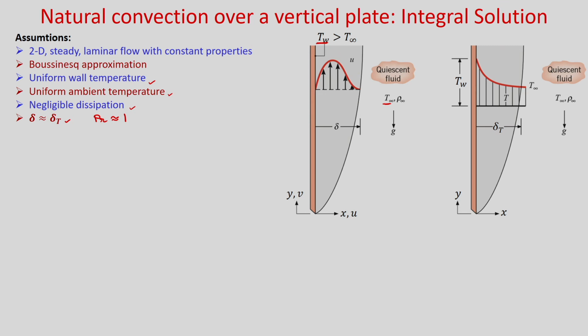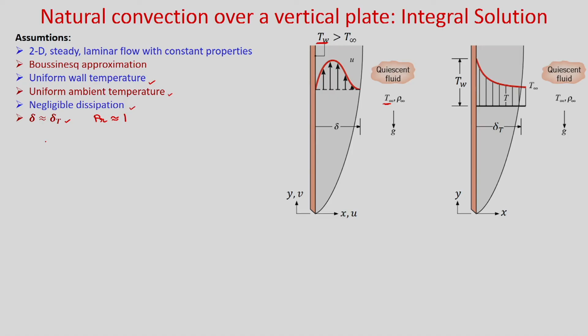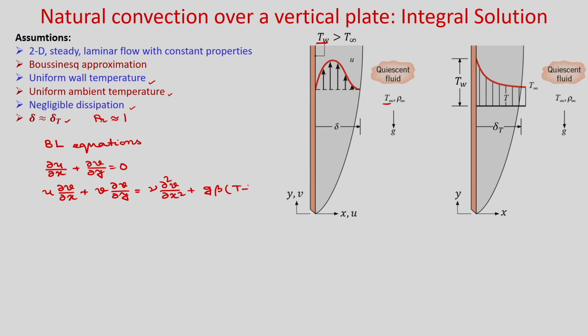So, first let us write the boundary layer equations for natural convection over a flat plate. We have already derived these equations. The continuity equation, and the momentum equation: u del v by del x plus v del v by del y is equal to nu del 2 v by del x square plus g beta (T minus T infinity).